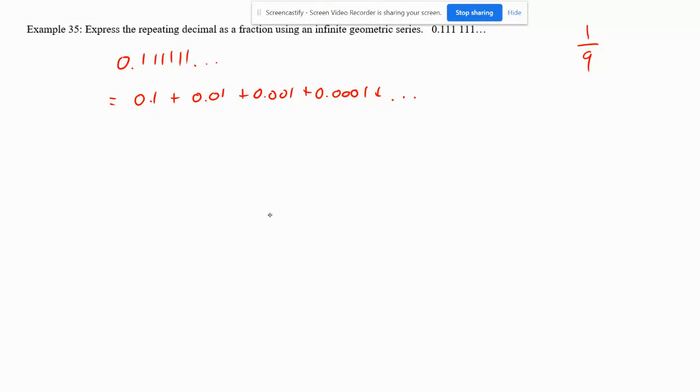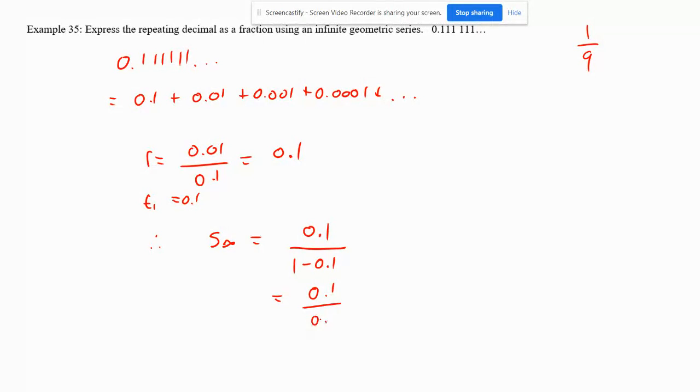If you take any two consecutive terms, we get a common ratio of 0.1. Okay. So in this case, our T1 is 0.1. Our common ratio is 0.1. So therefore, S infinity equals 0.1 over 1 minus 0.1, is 0.1 over 0.9. And if I just multiply times 10 times 10, I get an answer of 1 over 9.